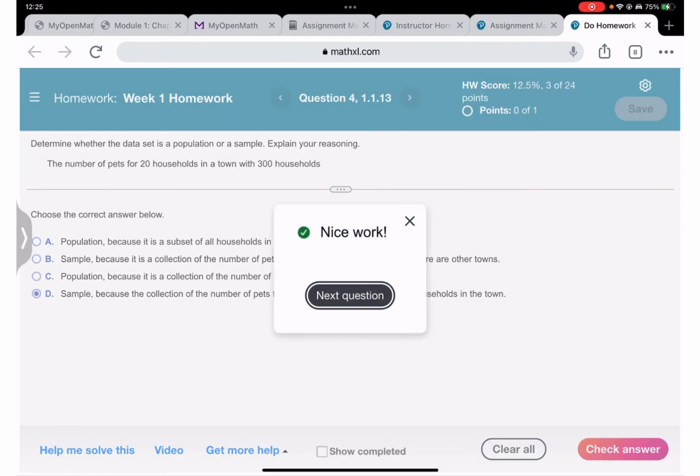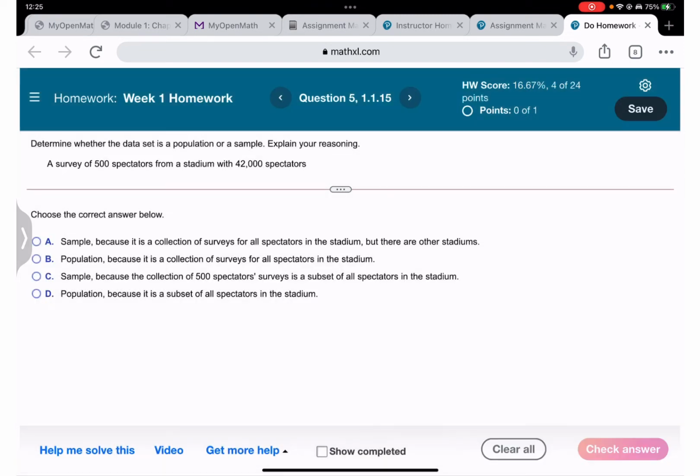Nice work. Question number 5. A survey of 500 spectators from a stadium with 42,000 spectators. They are doing a survey of 500 out of 42,000.